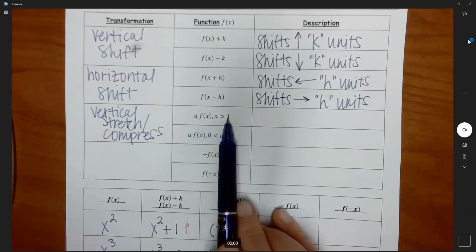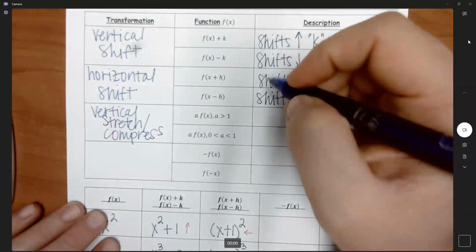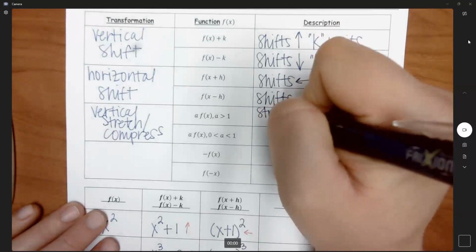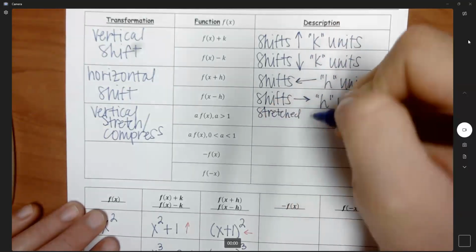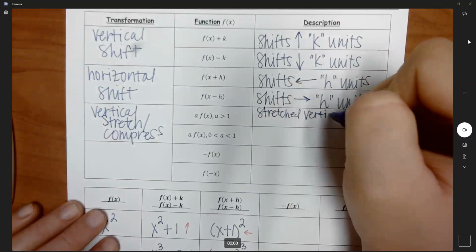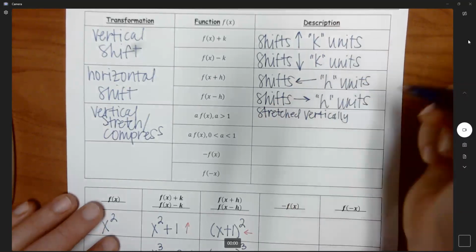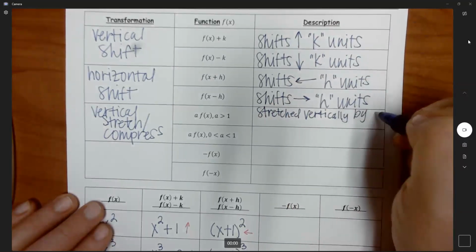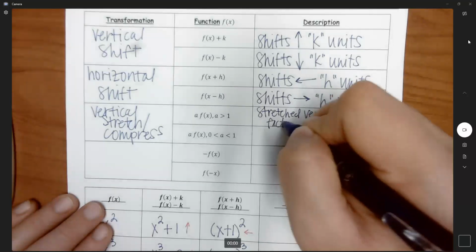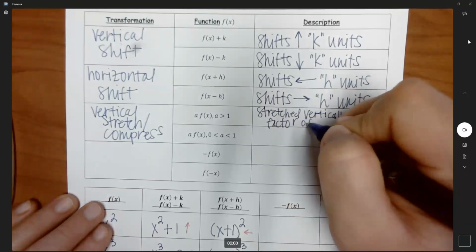If a is greater than 1, then we have a stretch. So this one here is stretched vertically by a factor of a.